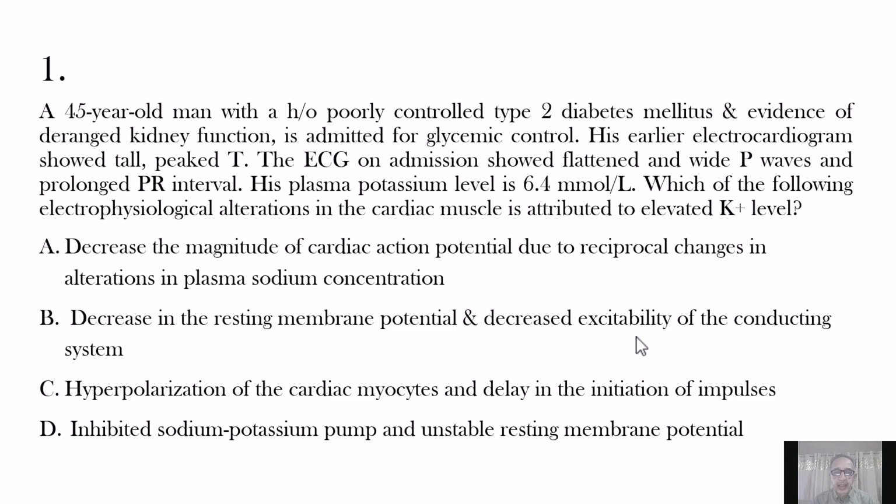So if you look at the case, here is a man with type 2 diabetes mellitus which is poorly controlled and evidence of renal function which is deranged. And his ECG shows evidence of hyperkalemia. With a slight increase in the plasma potassium, he had tall peaked T waves.